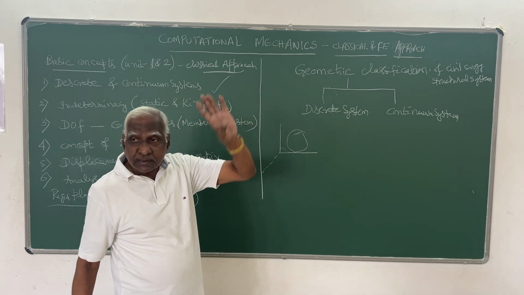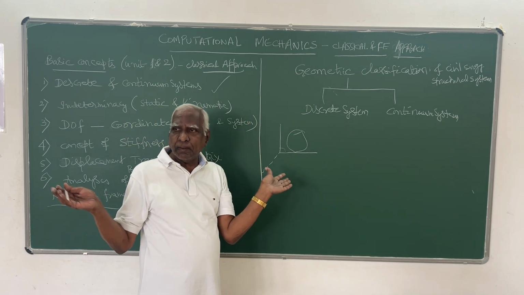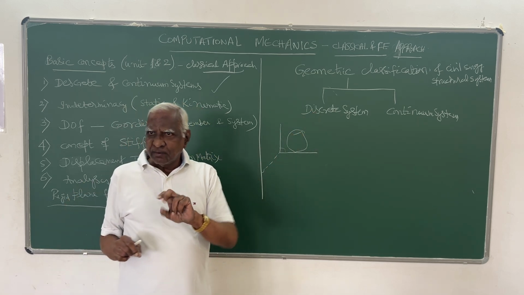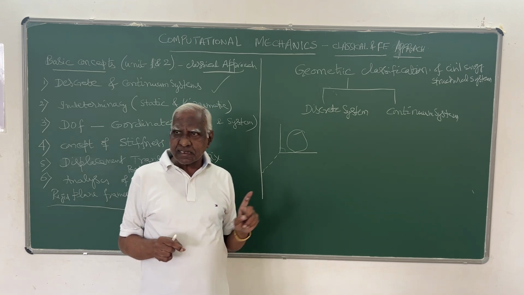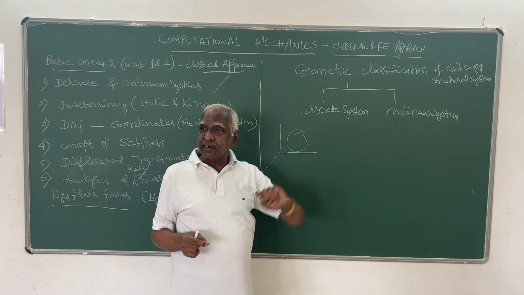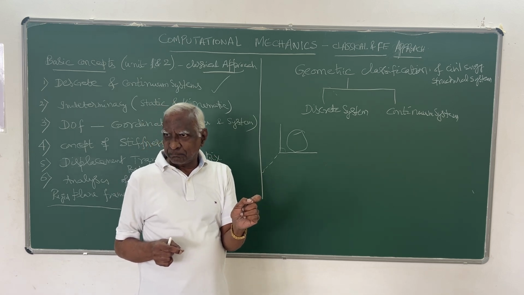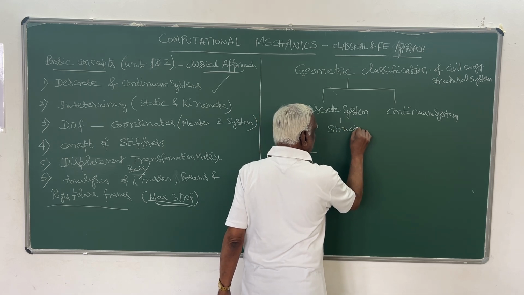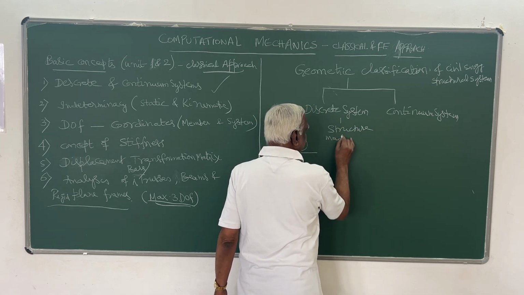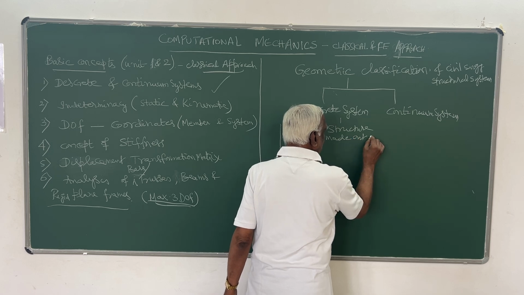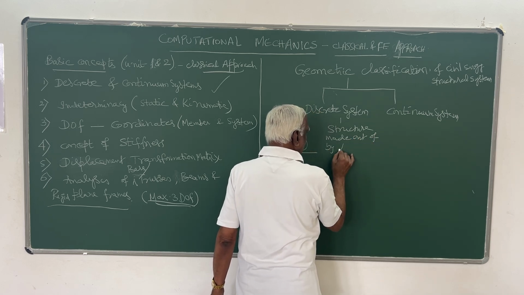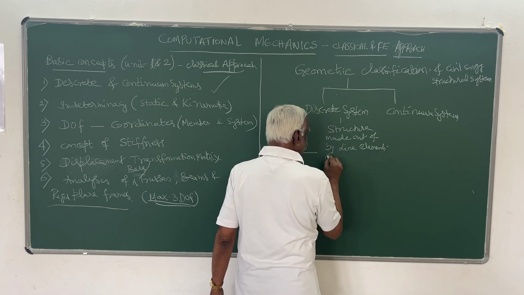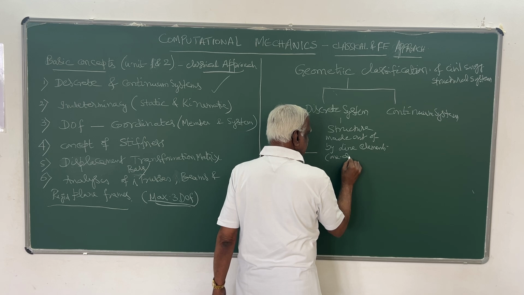So if a structure is made out of a number of members which all have one dimension very large when compared to the other two dimensions, we call such structures a discrete structure system. That is, a discrete system means a structure made out of line elements or one-dimensional members.